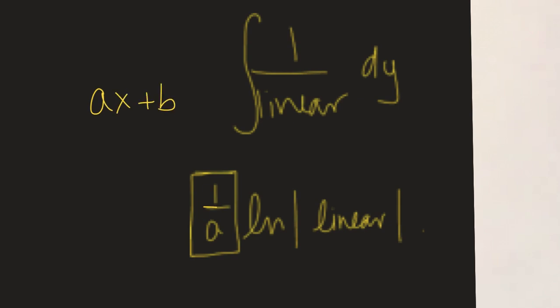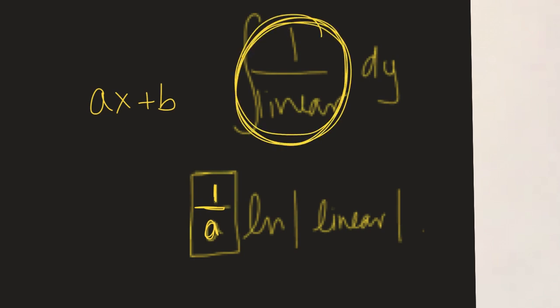Then we're going to have 1 over a, to account for the chain rule effect of taking the antiderivative of a linear. So the antiderivative of 1 over a linear equation is 1 over a, where a is the coefficient of x, times the natural log.